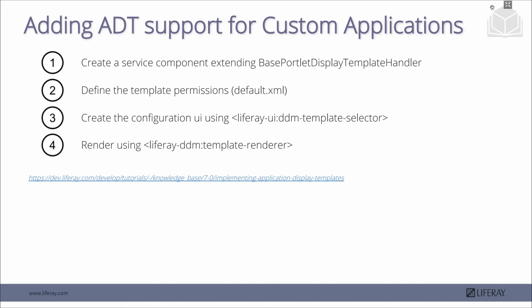We can do that using this Liferay UI DDM template selector. So when an ADT is selected, this tag will pick up or recognize that a specific ADT is selected, and then finally we'll use this template renderer tag to actually display or render the ADT.